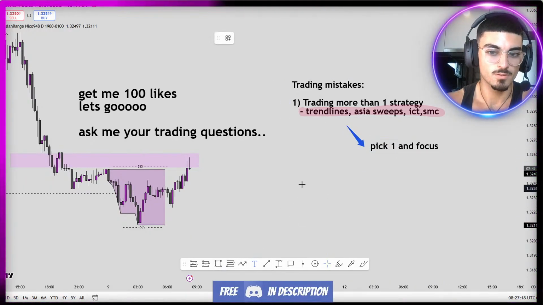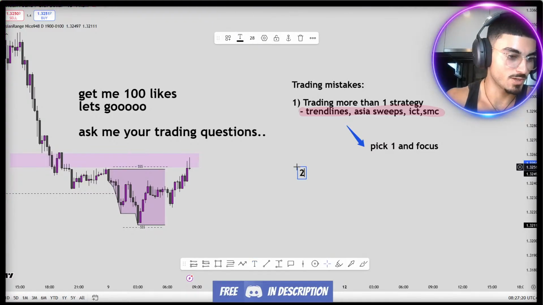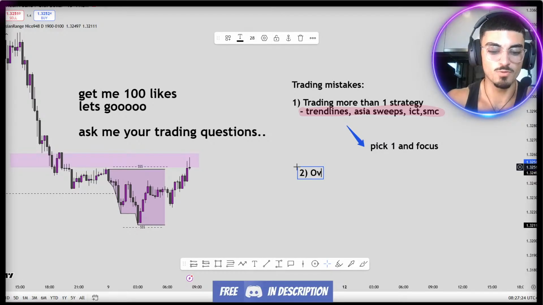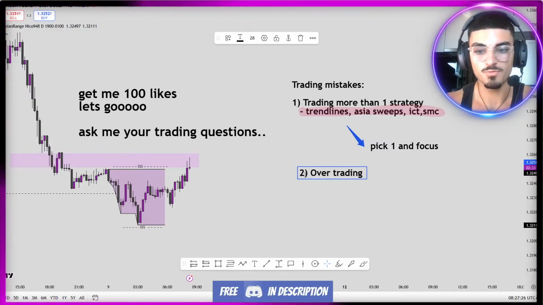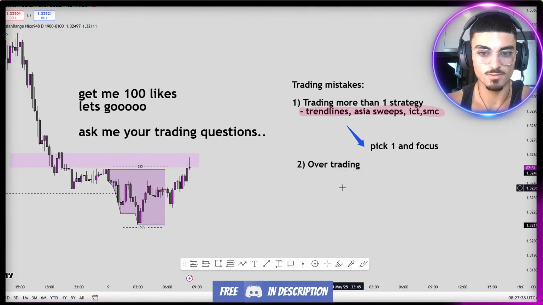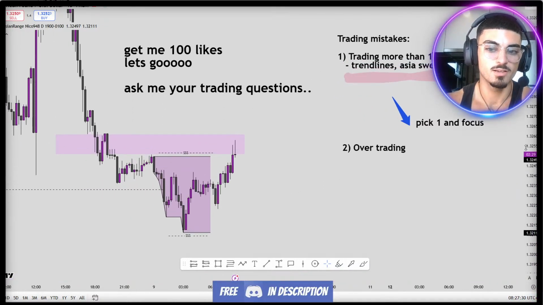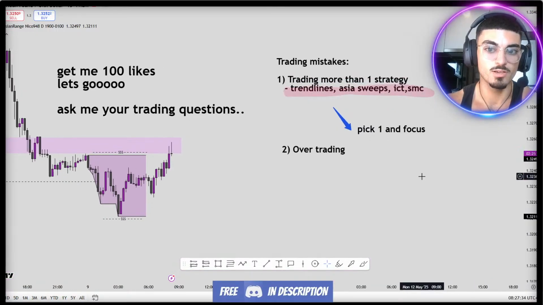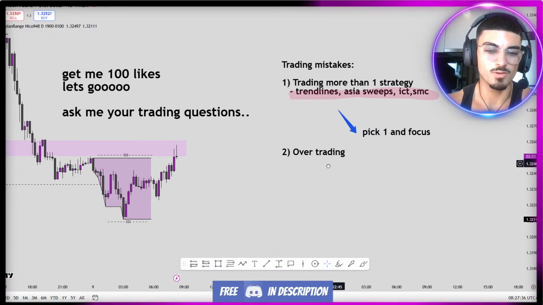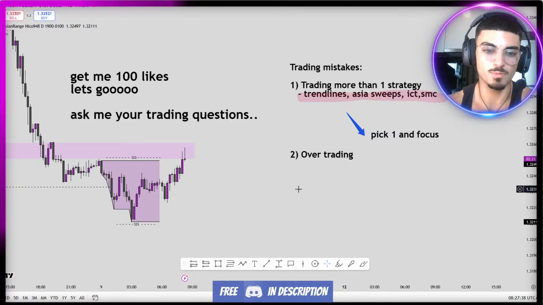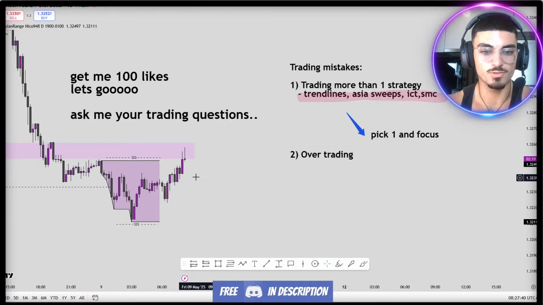Now, some more mistakes that traders make is going to be overtrading. For example, today, I don't think today is a great day, so I probably won't take a trade. Or I might on a challenge account, but we're talking about funded accounts here. I wouldn't trade today on a funded account because I don't need to trade.